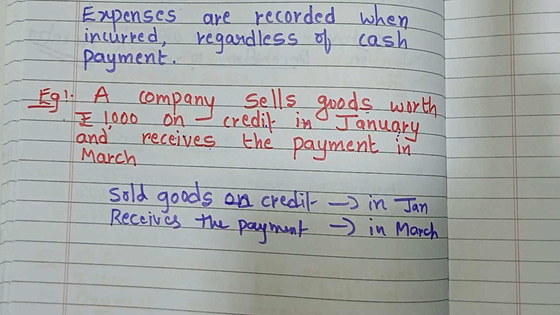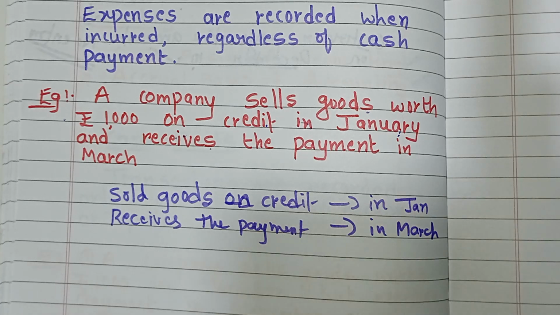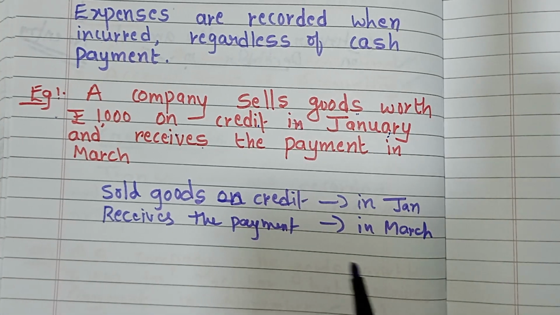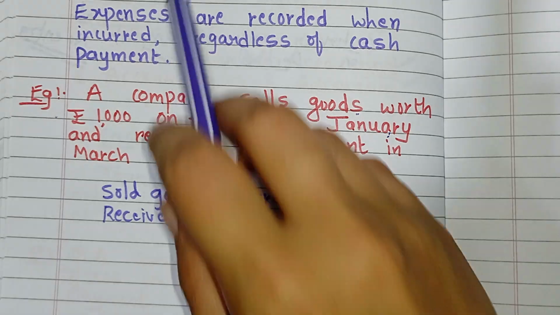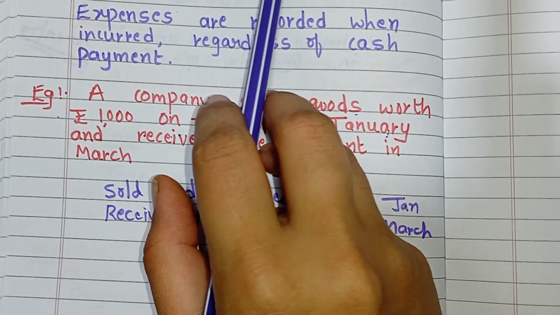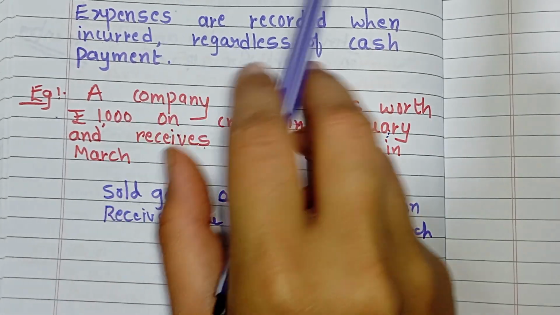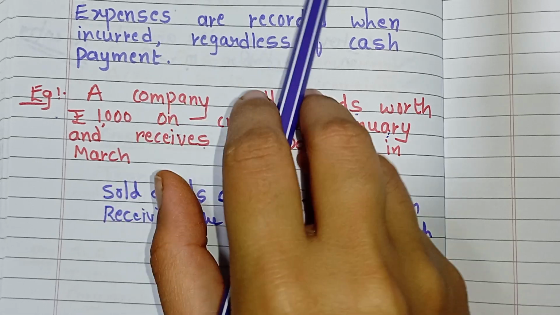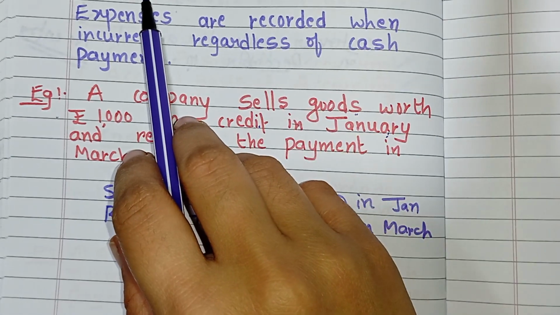When do we need to record the revenue in this example? See, in this accrual basis of accounting, it says that revenue is recorded when earned regardless of cash receipt.